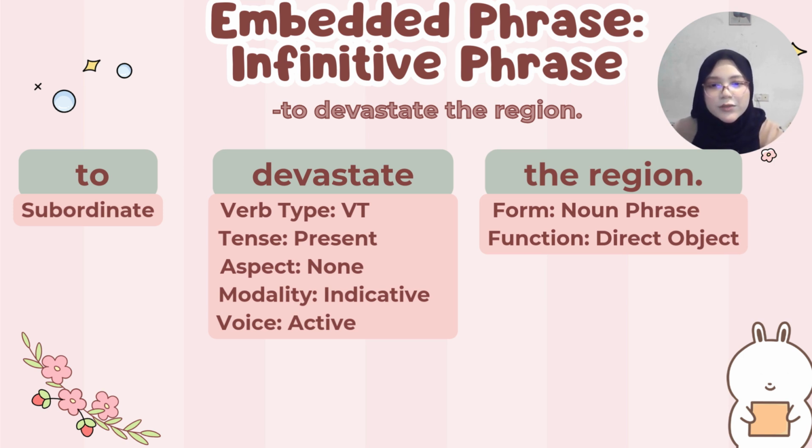The verb type is VT, the tense is present tense, the aspect is none, while the modality is indicative because we have no auxiliaries, and the voice is active voice. The last one is the region, functioning as a direct object of devastate, in the form of a noun phrase.